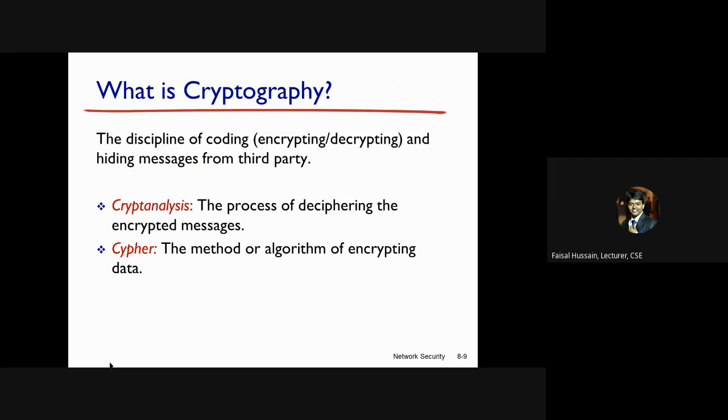Cipher means the algorithm that is used to encrypt the data, and cryptanalysis is the process of deciphering the encrypted message. Assume that you don't know which cipher is used. From looking at the encrypted message and the decrypted message, you are trying to guess what the deciphering algorithm is. That is cryptanalysis.